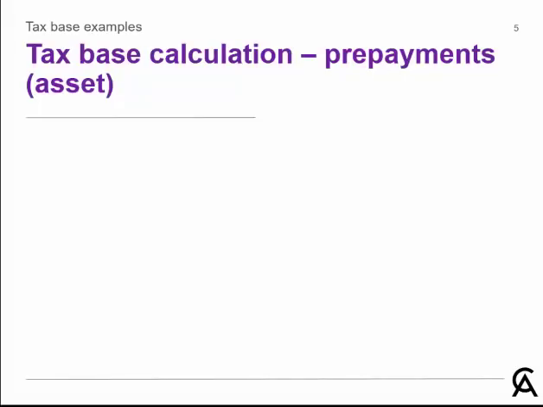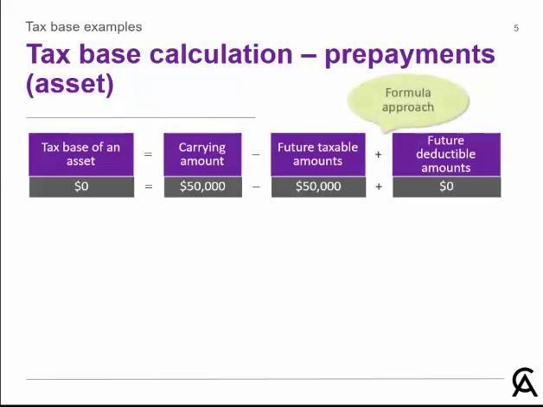You might find that the best way to determine the tax base is to keep focused on whether there will be more or less tax to pay in the future. In this way, you can work backwards with the tax base formula to get the logical result. To determine the tax base of an asset, we start with the carrying amount of $50,000 from the statement of financial position.